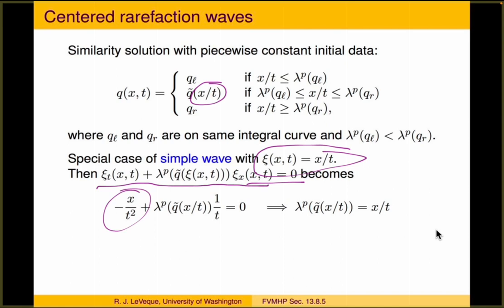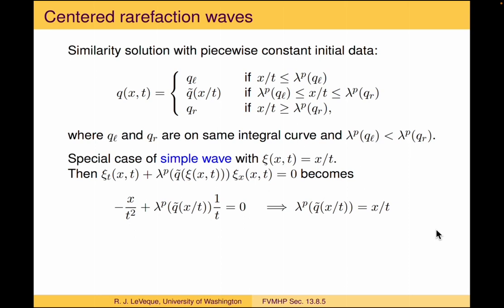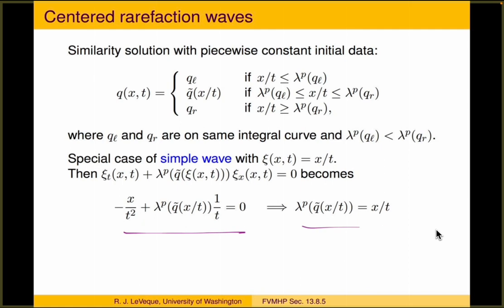When we differentiate it with respect to x, we get 1 over t. And so this equation then becomes this, which if we simplify it a bit, we can write as lambda p of q tilde of x over t has to equal x over t.